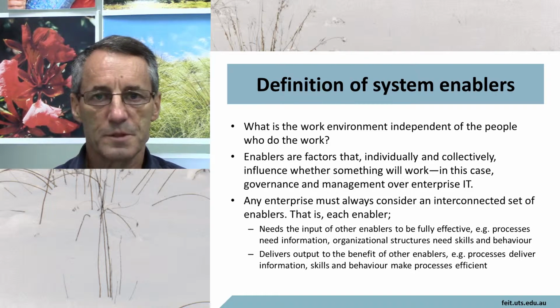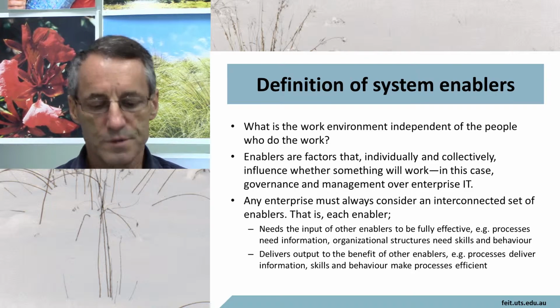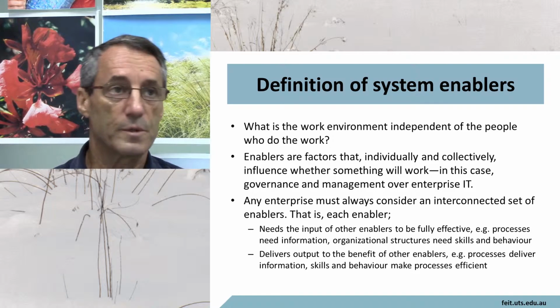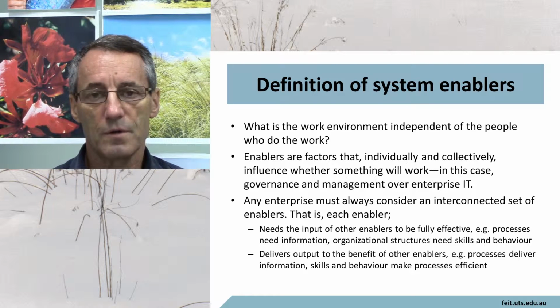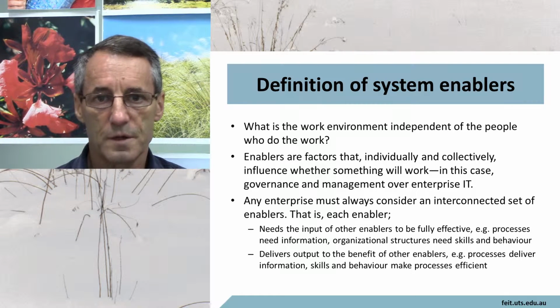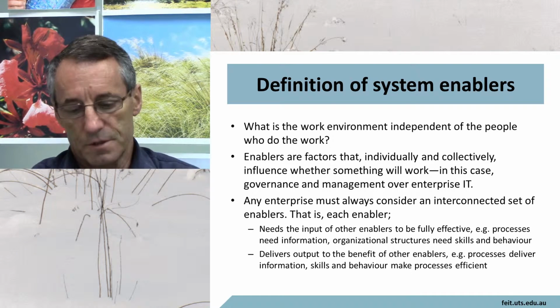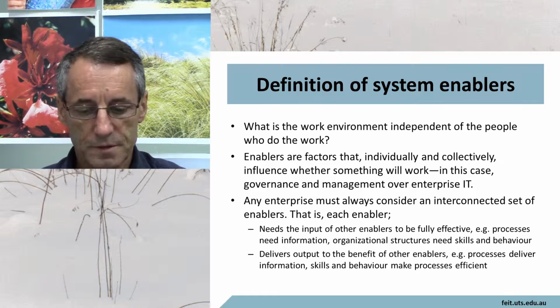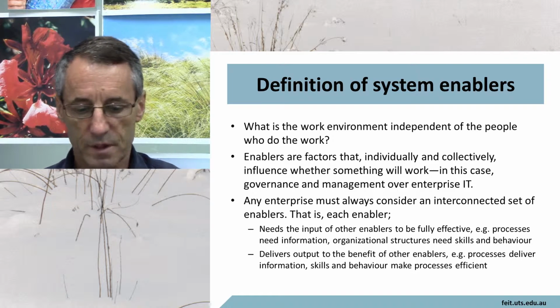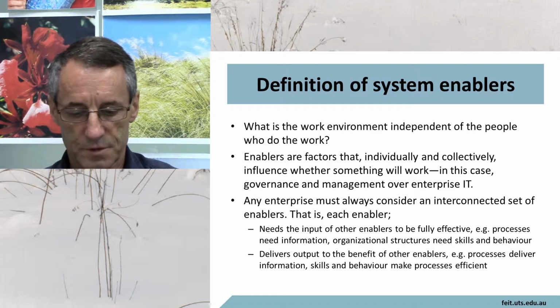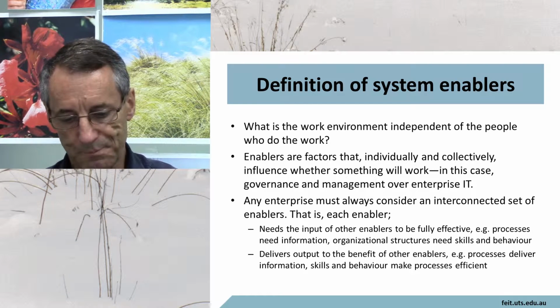Recently, there's been some attention paid to these enablers, largely coming from COBIT, COBIT being the control objectives for IT. They deal with governance and management control. The formal definition of enablers is factors that individually and collectively influence whether something will work, in this case, governance and management over enterprise IT.